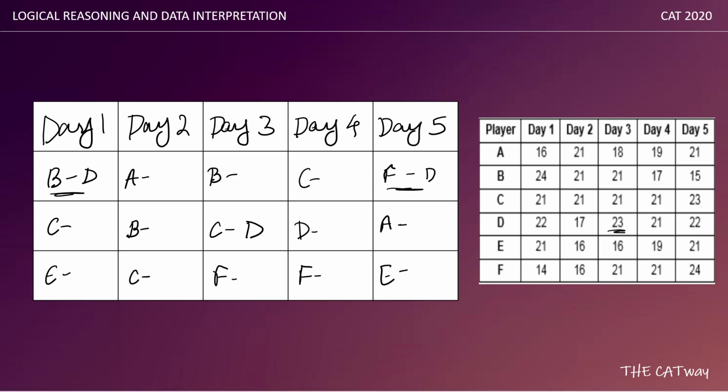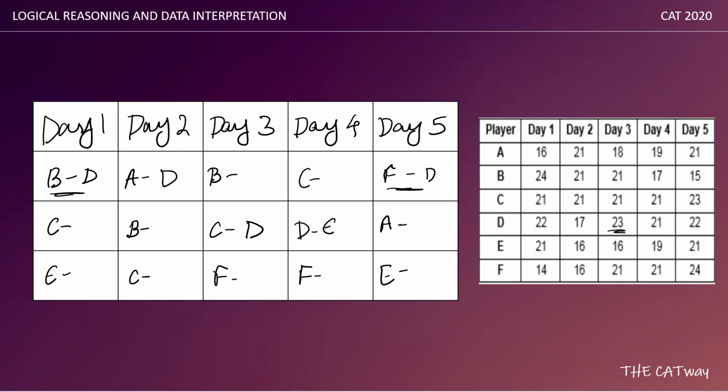Now D must play A and E on the remaining days, because D has to play against A and E, and it will play them on either day 2 or day 4. Now D versus E is not possible on day 2 because D and E have to go in different boxes. So D and E would play on day 4 and A and D would play on day 2.